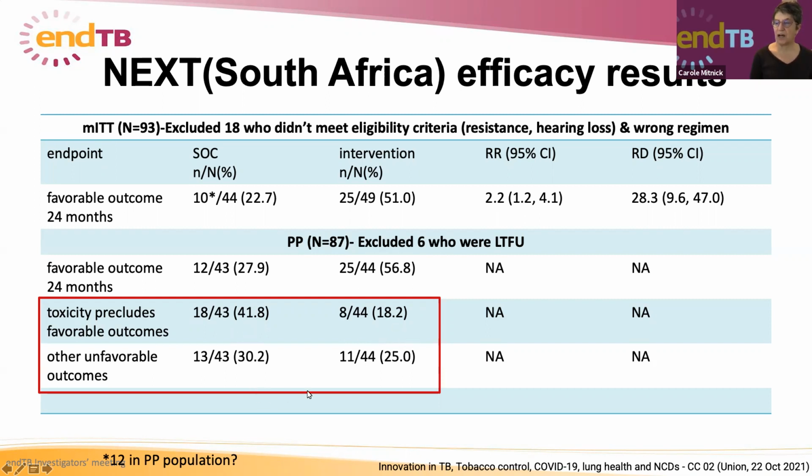And when you look at other unfavorable outcomes, such as death and treatment failure or relapse, they're very similar between the two arms. So while this overall difference is quite important, it seems to not hold when it's really about differences that might be directly related to the efficacy of the treatment, and toxicity is driving a lot of this.